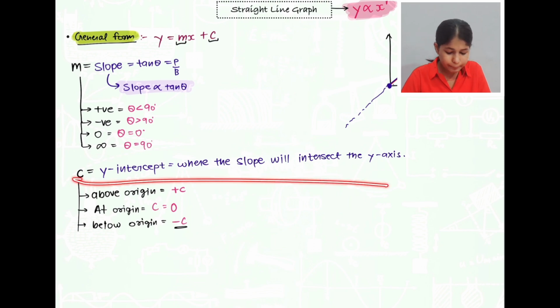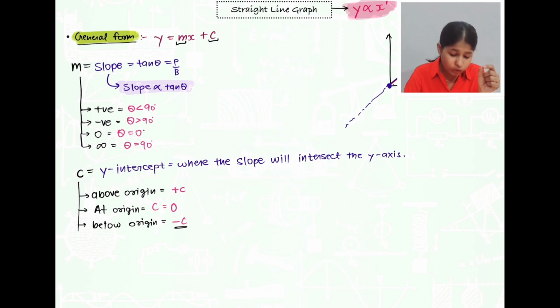Then y-intercept. What is y-intercept? It is where the slope line will intersect the y-axis. It can be at the origin. If the line is like here, you can see that on this graph the y-intercept is at the origin. It is intersecting the y-axis at the origin.